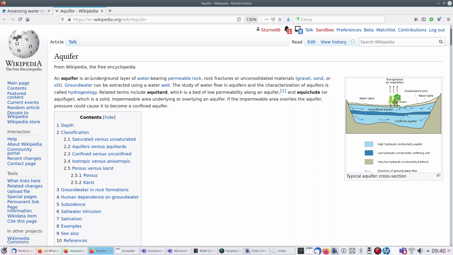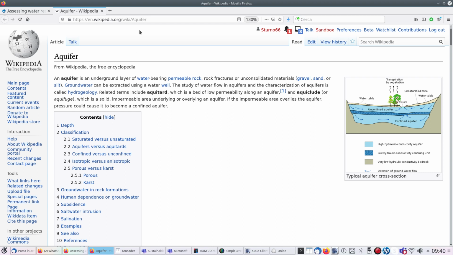An aquifer is an underground layer of water-bearing permeable rock, rock fractures, or unconsolidated materials like gravel, sand, or silt. So it's an underground water body. I would like to define it in this way. It's an underground water body which is contained in a layer of water-bearing material.